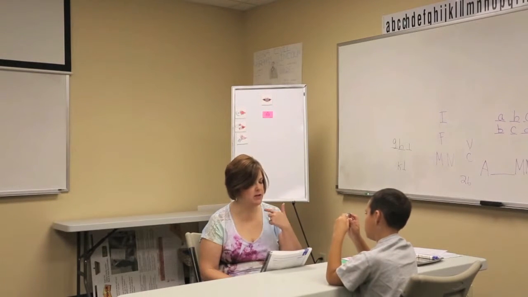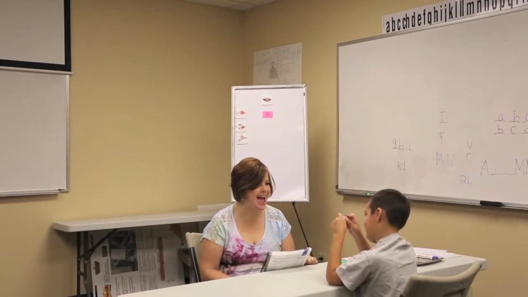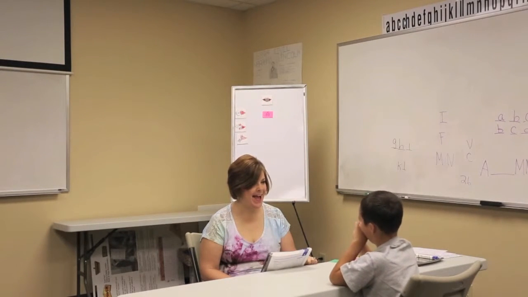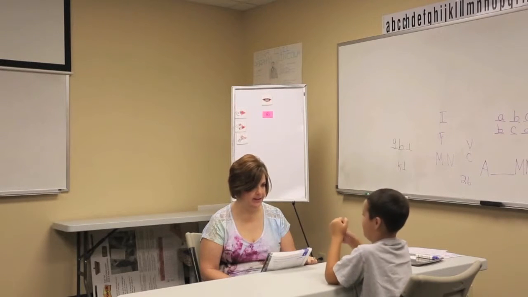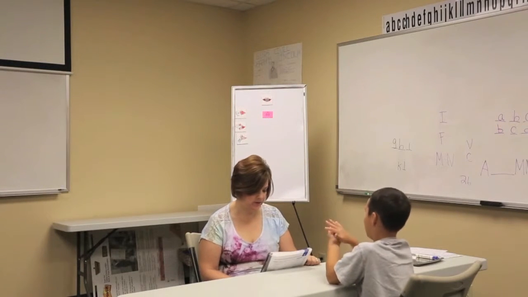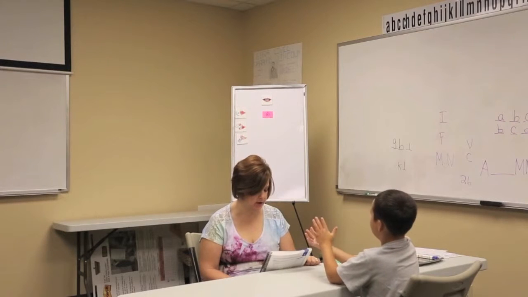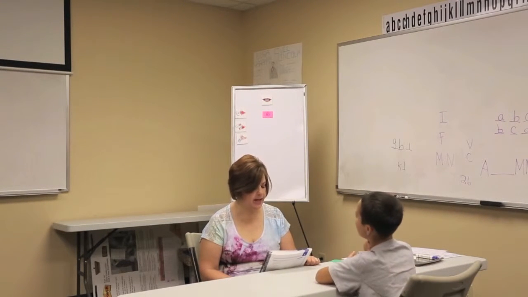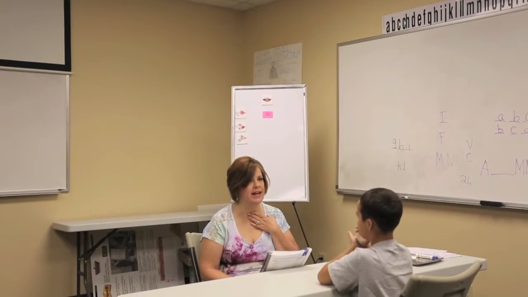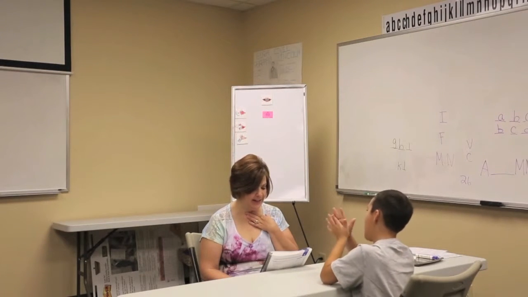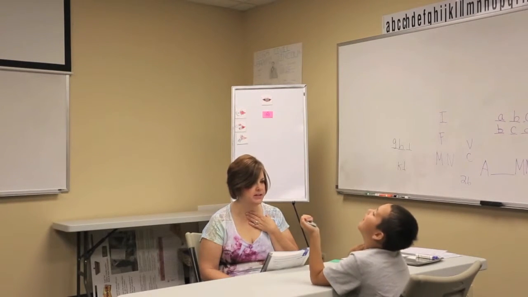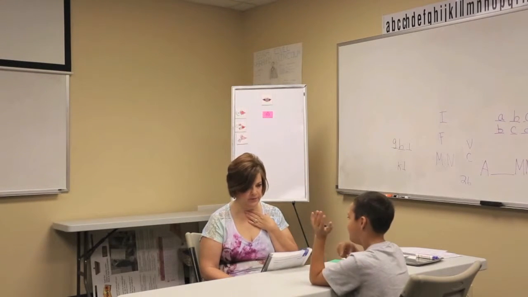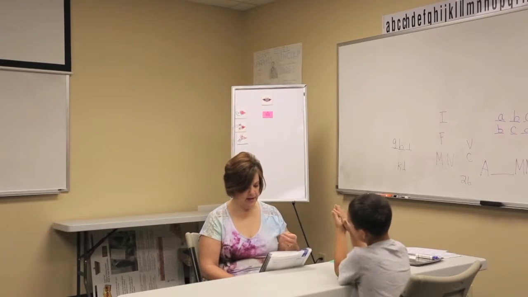What's the shape of our mouth when we say ah? It's smiling. Have you seen this sound picture before? Yes. Is the sound open or blocked when we say ah? Open. Is it voiced or unvoiced? Voiced. Is it a vowel or a consonant? It's a vowel. All right.